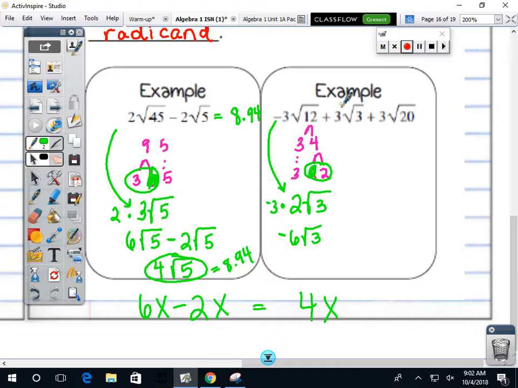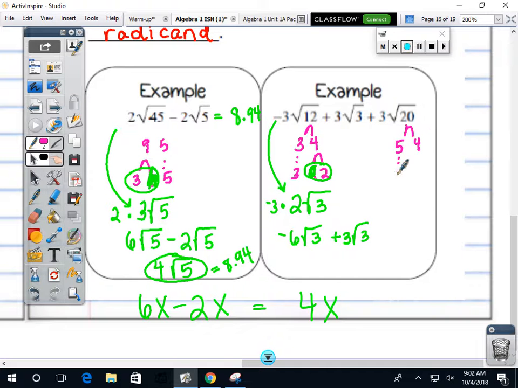All right, now we move to plus 3 square roots of 3. Can this one be simplified at all? No, 3 is already prime, so if you tried to factor tree, it would just be 3 times 1. So just bring it down, plus 3 square roots of 3. And now for the 20, we can try to factor tree it because what numbers multiply to give you 20? Right?